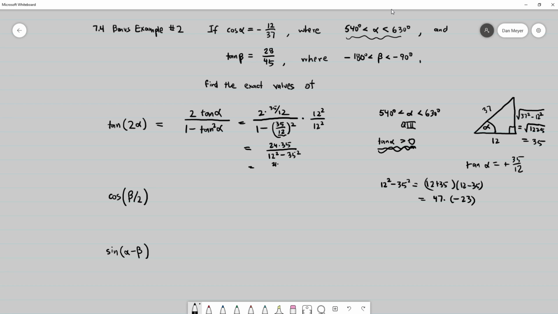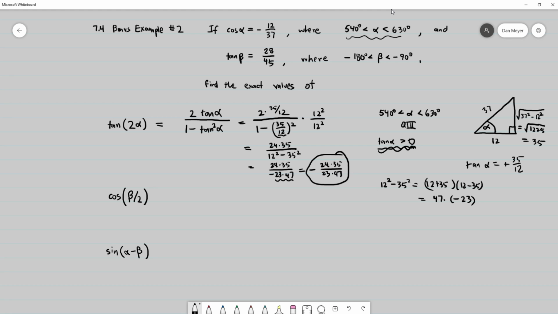So 24 times 35 all over negative 23 times 47. Nothing on the bottom factors, so we're not going to be able to do any nice cancellation. But I'll go ahead and write this as negative 24 times 35 all over 23 times 47. And I'm going to go ahead and be done with that.